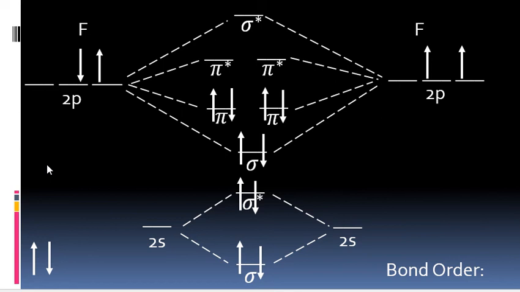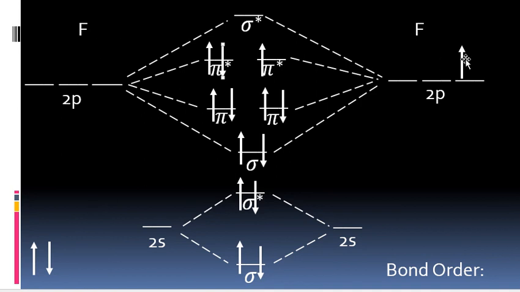Now we can start working on those anti-bonding pi orbitals, or those pi star orbitals. We're going to need to take an electron from each fluorine to fill each pi star orbital first. And then if we still have electrons left over, we can start doubling up in one of those pi star orbitals, and there's one remaining electron left over.